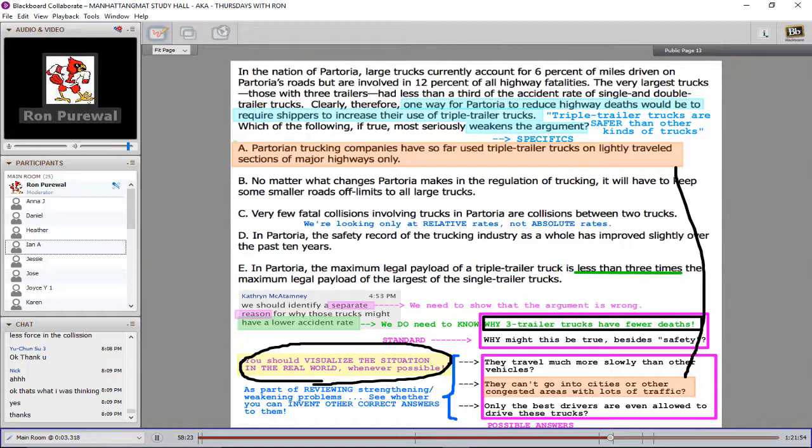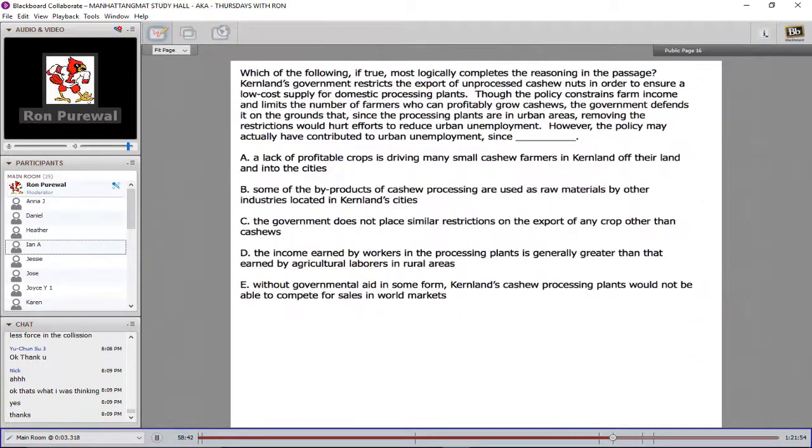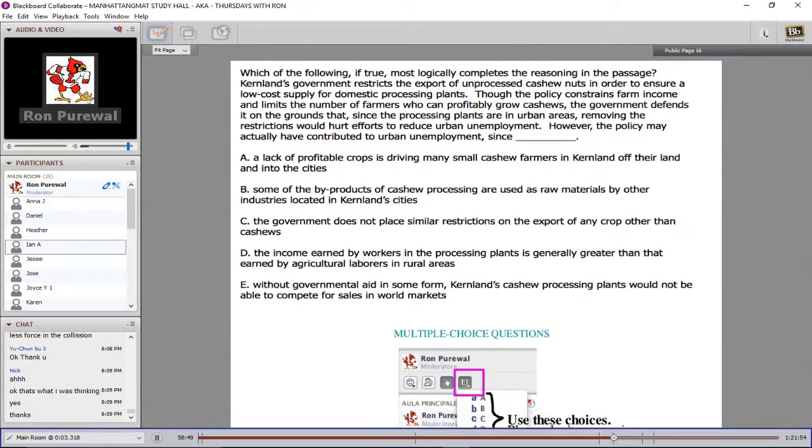How about this one? Don't forget where the multiple choice answers are found.